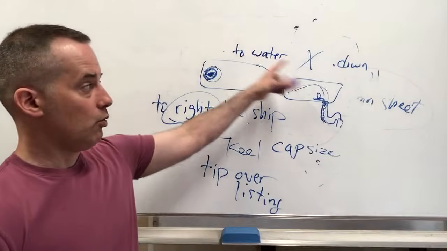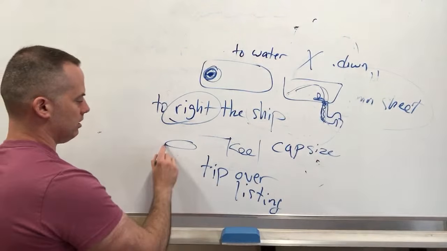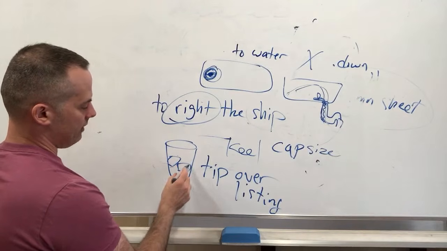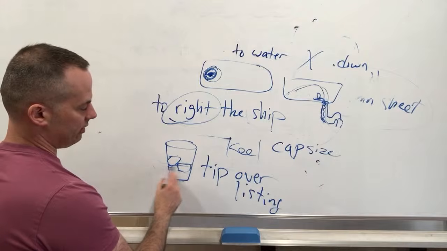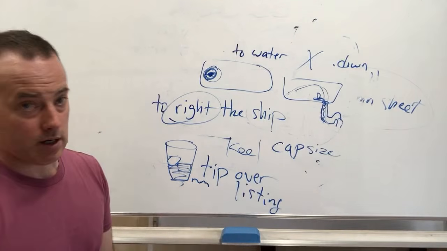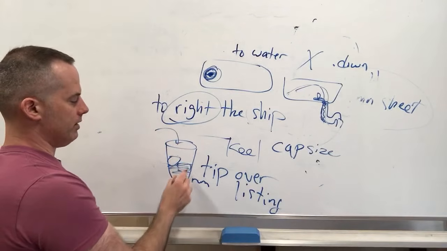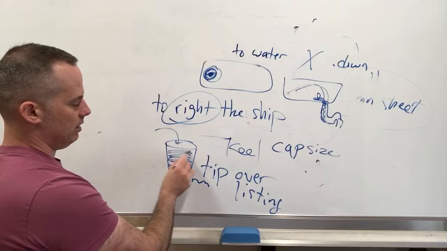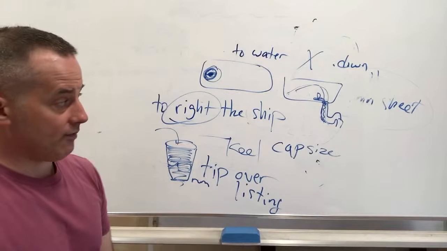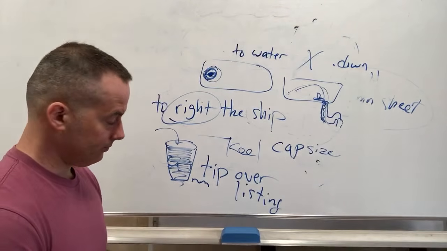All right, so to water something down, if we imagine I have a drink here, and it's got some ice cubes in it, and let's say this is all rum. So I've got some rum in here, and wow, that rum is very strong. I need to pour some water in this, and so it raises the level up here. I've watered it down. So I've diluted that. So dilute something, to dilute it.